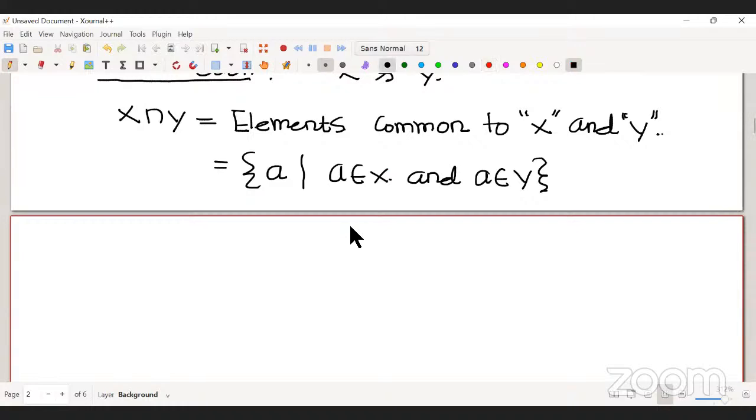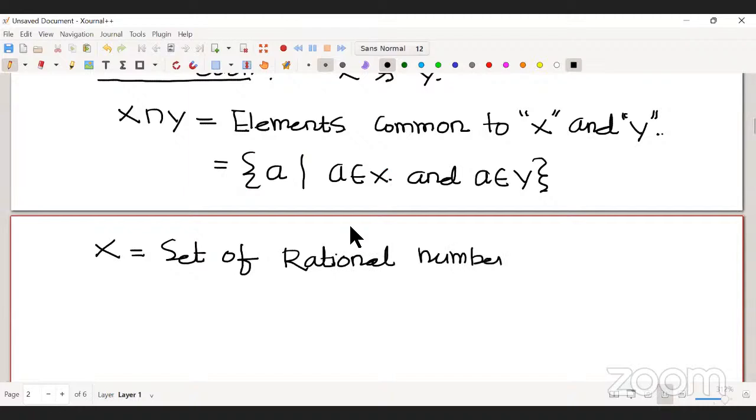Okay, so for example, let's take one more example. So suppose X is the set of all rational numbers, and Y is the set of all irrational numbers.